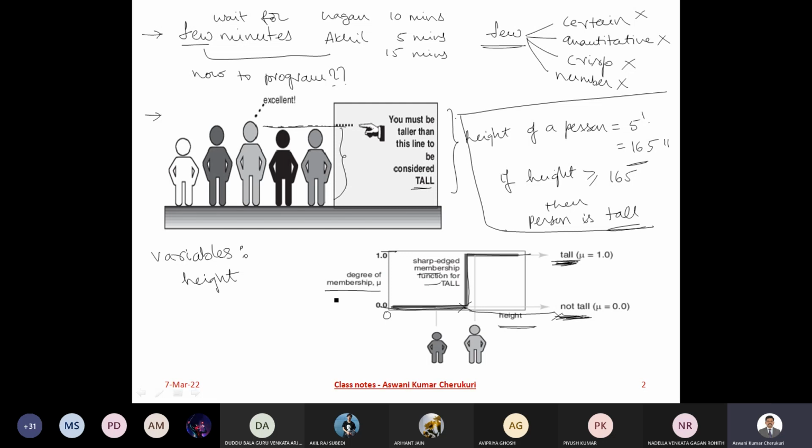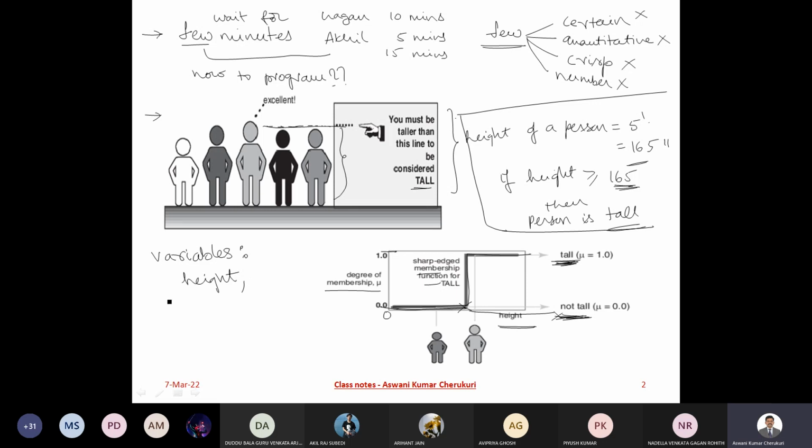My question is, I have written here something: height of a person, height, tall. Tell me what are the variables here? Height is one variable, right? Height can assume any numerical value, correct?